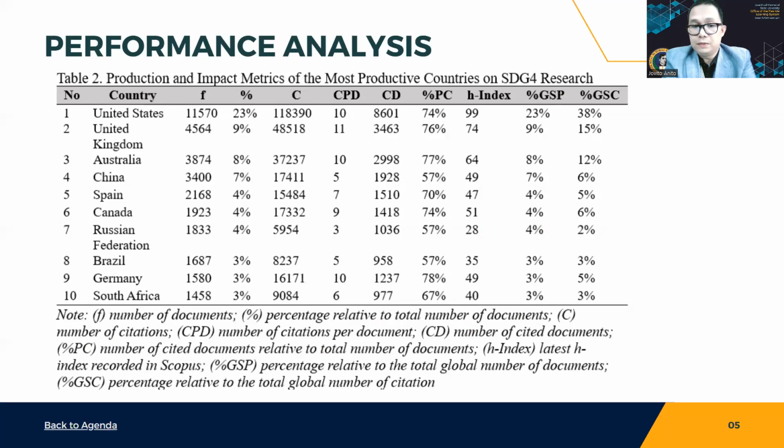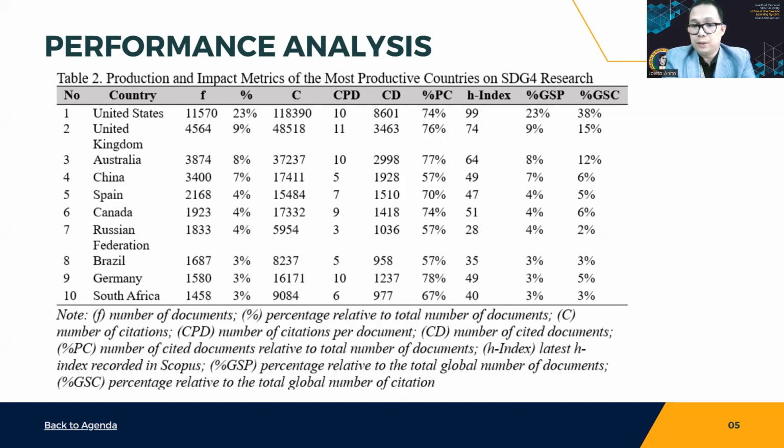So the United States, United Kingdom, and Australia comprise a big bulk already of the studies. And if you add up the remaining Western countries in the list, over half of the studies globally conducted on SDG 4 are coming from Western countries.